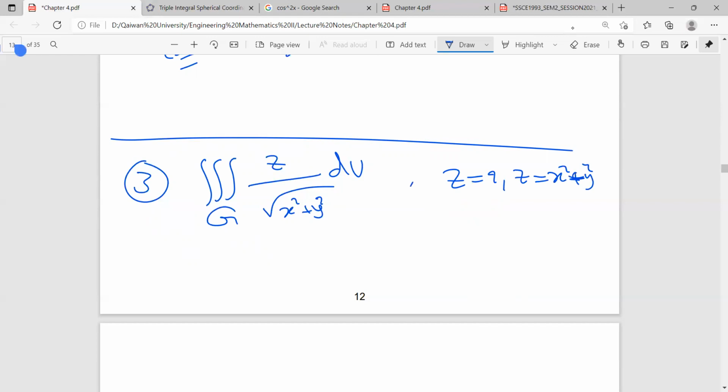It says the region is bounded by these two planes, these two functions.